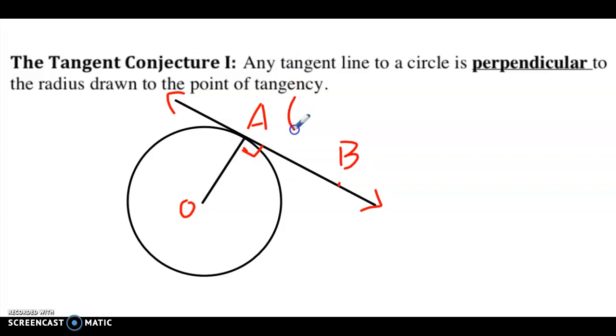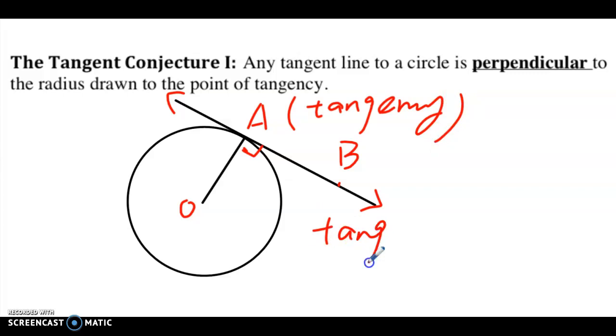And we call point A the point of tangency, because line AB is a tangent. So this is the tangent conjecture: the radius is perpendicular to the tangent.